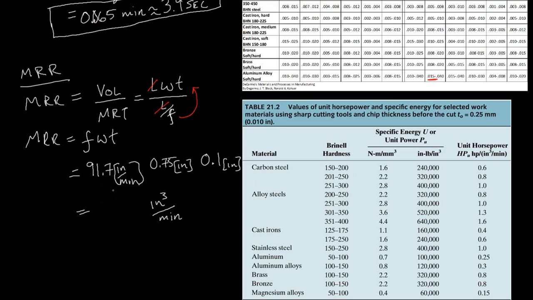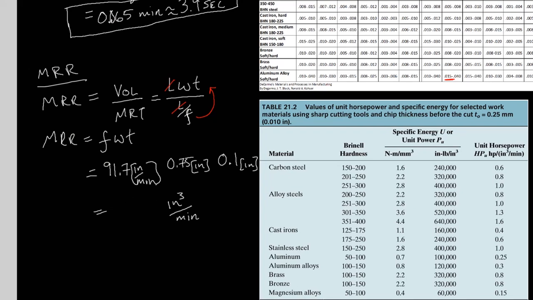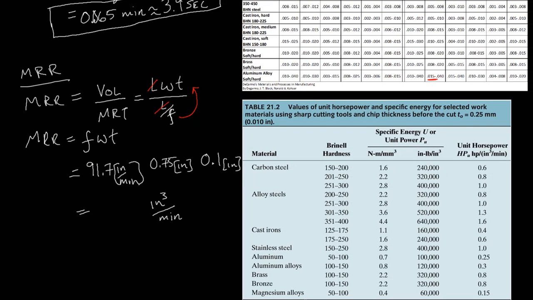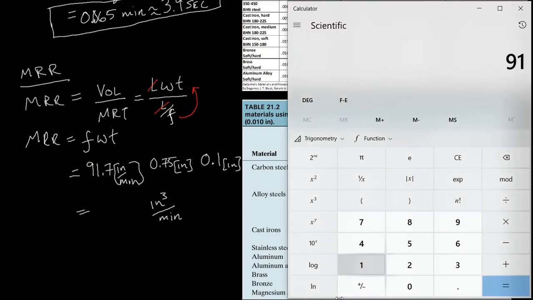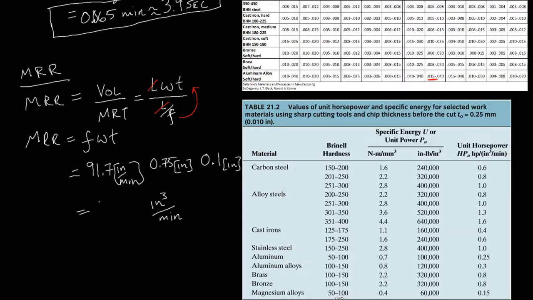So now let's just plug it in. My screen moved over, I'll just fix that up. Okay. So 91.7 times 0.75 times 0.1 equals 6.88 inches cubed per minute.